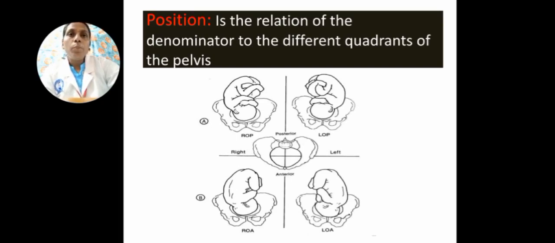Suppose when the denominator is facing any one of the sacroiliac joints, in case of vertex presentation, when the denominator occiput is facing the sacroiliac joint, the position can be either right occipito-posterior or left occipito-posterior.